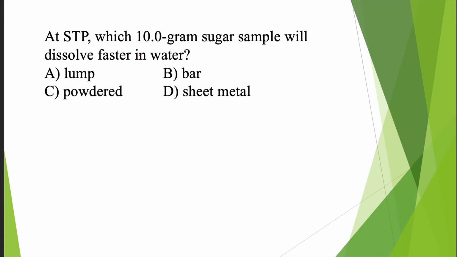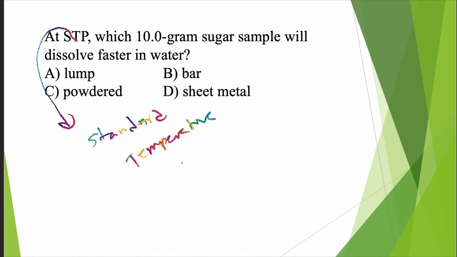This is another good question. At STP, so remember, STP is standard temperature and pressure. Okay? And it says, which 10-gram sugar sample would dissolve faster? So first of all, these are describing metals, and sugar is not a metal.